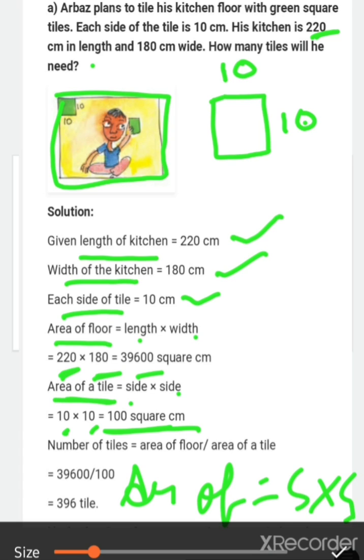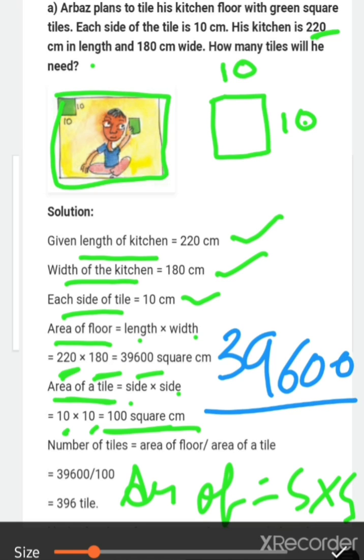So to find the number of tiles used, area of floor, that is 39,600, divided by 100, that is the area of the tile. So it is 396. So 396 tiles will be required to cover the kitchen floor.